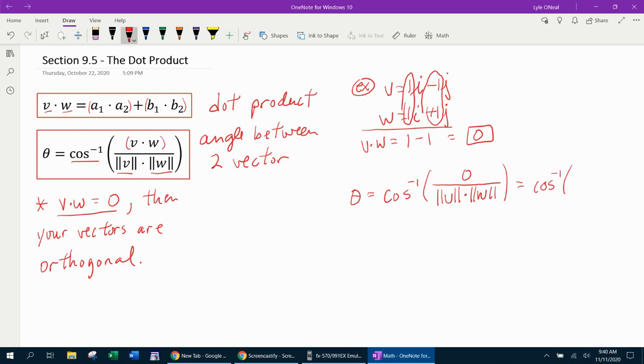And I know that those magnitudes are not 0 because the length of those vectors is going to be a positive quantity. So we're going to have the inverse cosine of 0, which is 90 degrees. And that verifies that these vectors are orthogonal.